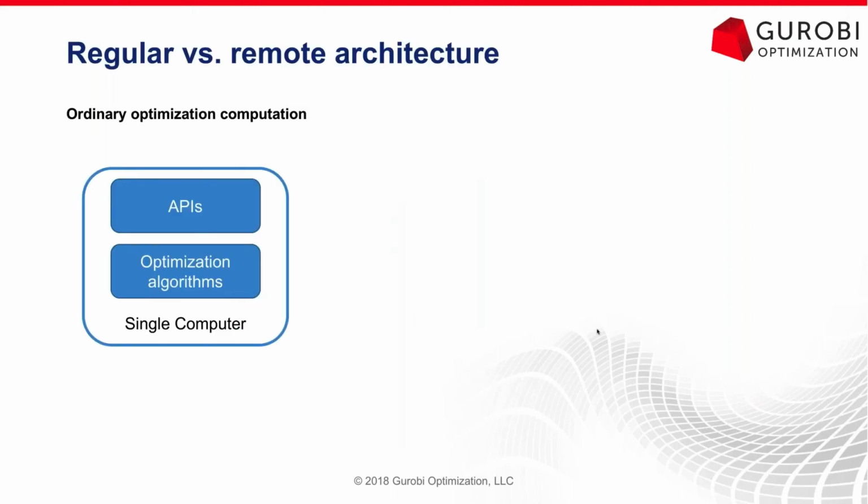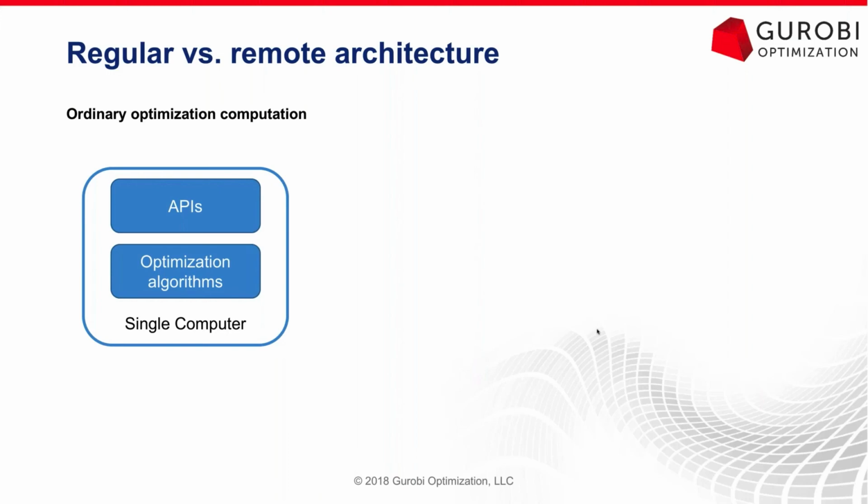If you've been doing optimization for a long time, you're probably familiar with building your optimization applications with a standard system architecture. On the left-hand side of the slide, you see a single computer where both the Gurobi interfaces, the APIs, and the algorithms run together on a single computer.